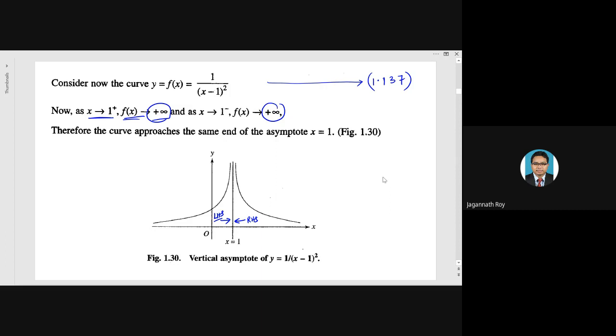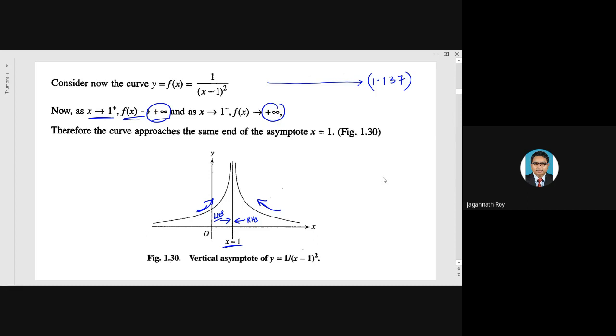That means the curve will tend to infinity in the same direction along the vertical asymptote.